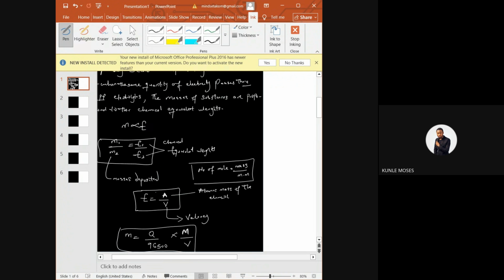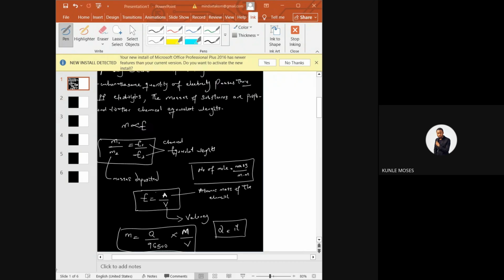This is the general formula that we will be using in some specific questions in electrolysis. So M equals Q, and remember we said Q equals IT in the last class, the coulombs. So you can use this formula to calculate your Q. Then you know the valency, you know the mass and all. Then you can get the required answer.